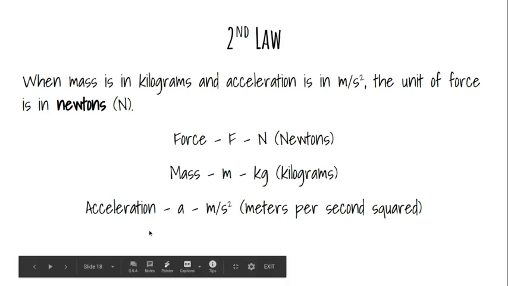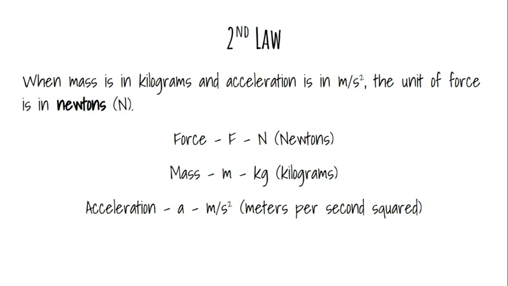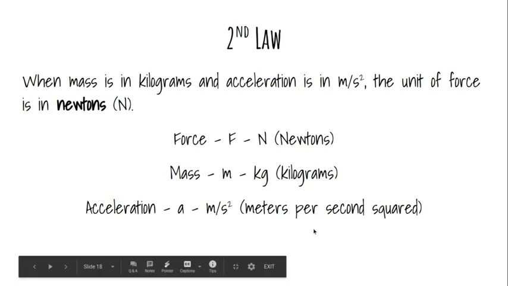And then acceleration, we show acceleration with a lowercase a. The unit that we use is meters per second squared. Kind of looks a little crazy. So it's not just speed. Acceleration is how much you keep increasing your speed every second. So slightly different than just velocity or speed.